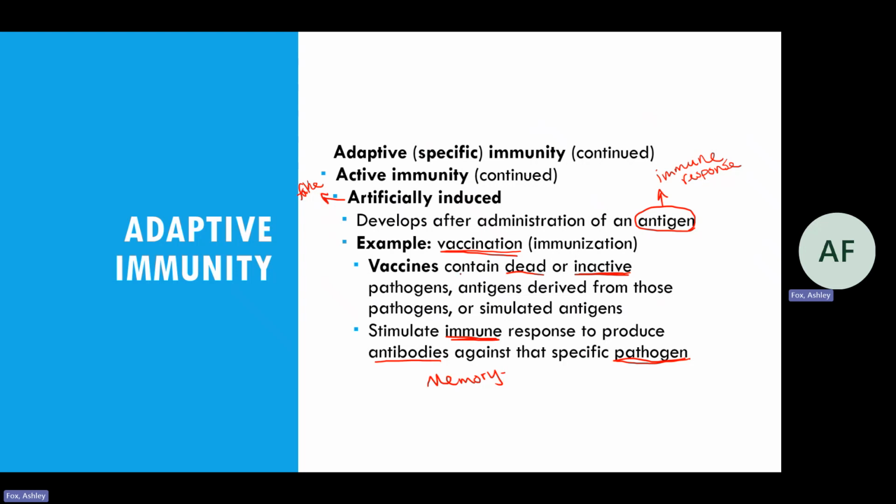With vaccines, we are focusing on the specific immunity, but with the dead inactivated pathogens, you're activating your innate or non-specific immunity as well. So you are doing it, but the point is you want memory. The focus is on your specific immunity, but it's not like they're mutually exclusive.